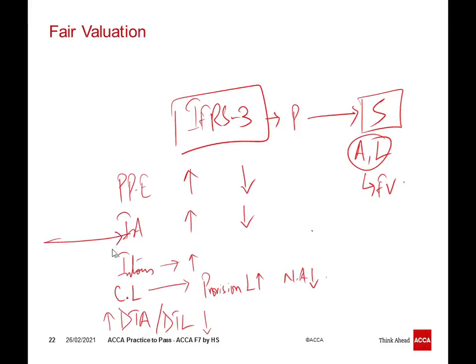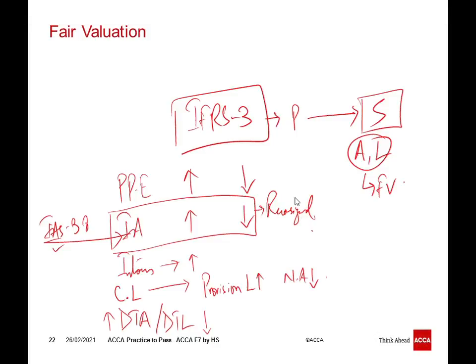Now, internally, IAS 38. If you remember IAS 38, we have discussed this point that you cannot recognize internally generated intangible assets. That's the basic requirement of IAS 38. But when you are doing the consolidation, all internally generated intangible assets must be recognized.